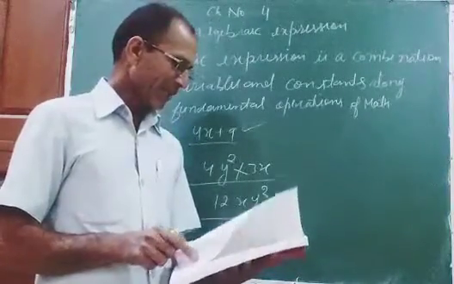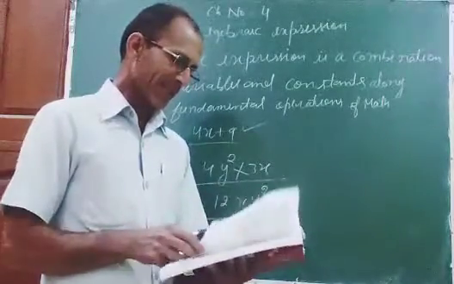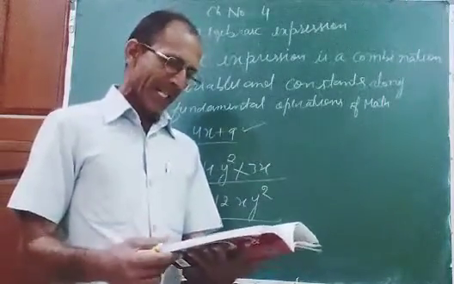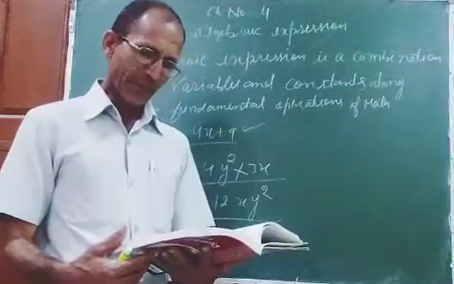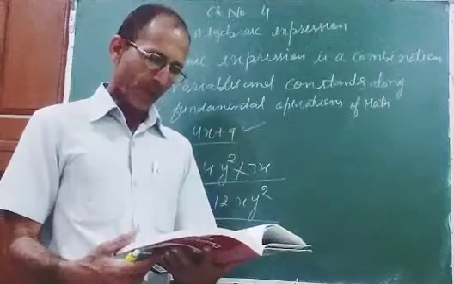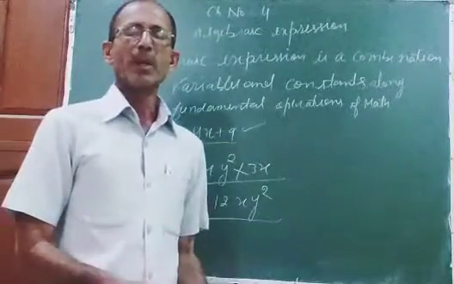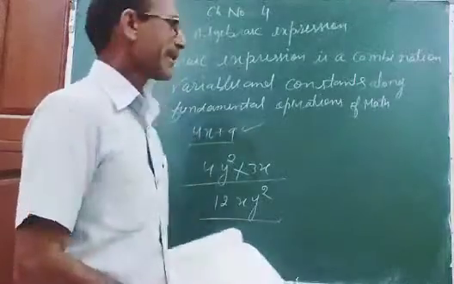Now the exercise has some questions related to algebraic expressions. First question: an apple weighs 75 grams and one orange weighs 40 grams. The weight of x apples and y oranges is. Open your book and see the statement.